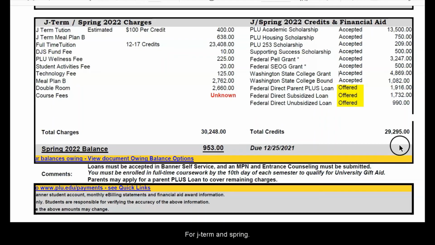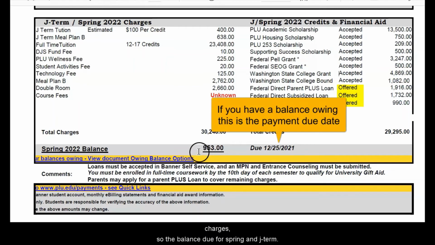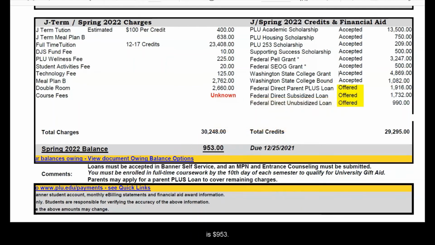So for J-term in spring, the financial aid and credits are less than the total charges. So the balance due for spring and J-term combined is $953. You'll notice that the balance due is just in a regular black font, whereas that credit balance was a red font and it was in parentheses. So that would indicate on the estimated cost summary a credit balance versus a charge or a balance due.